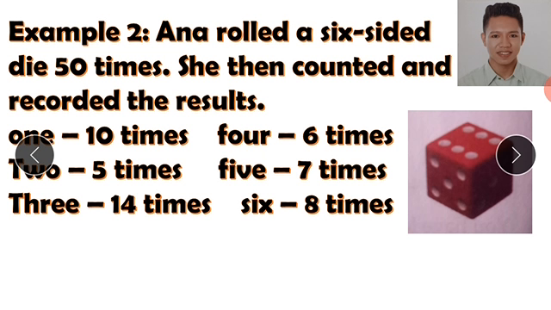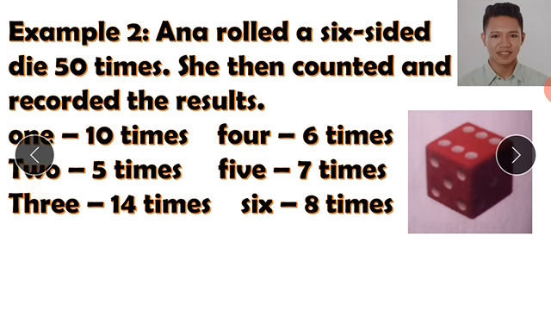Anna rolled a 6-sided die 50 times. So it means that she rolled the die 50 times and she recorded the outcome every time that she rolled the die. So here is the outcome. For 1, 10 times. Ibig sabihin, 10 times na nagpakita yung 1 dot.